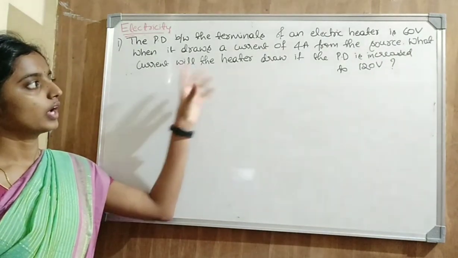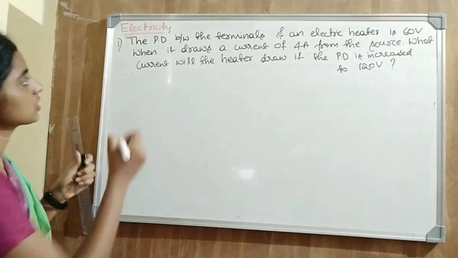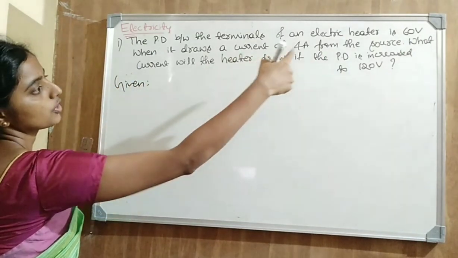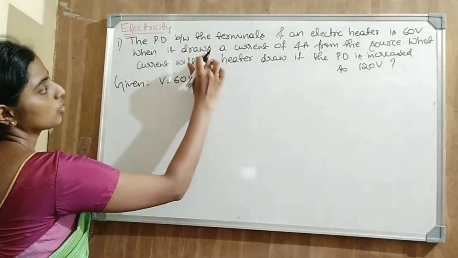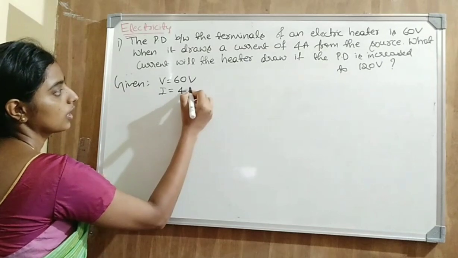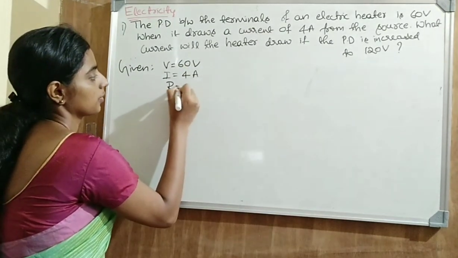Read out the question. We have two questions in this single question. The first, they have given potential difference V is equal to 60 volt, draws a current I is equal to 4 ampere. We need to find out R here.